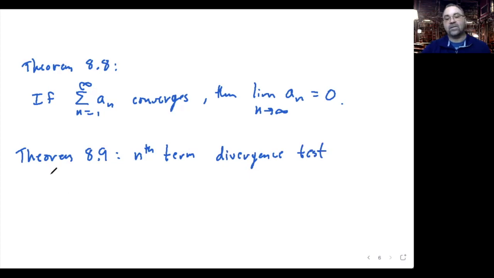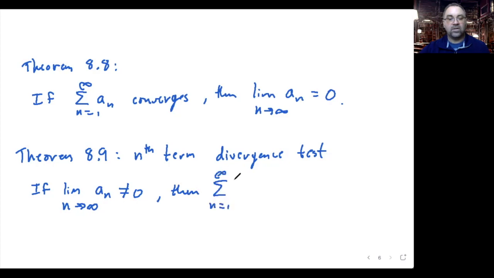We reverse that statement from above and we say, look, if the limit as n approaches infinity of a sub n is not 0, then the series n equals 1 to infinity of a sub n diverges.